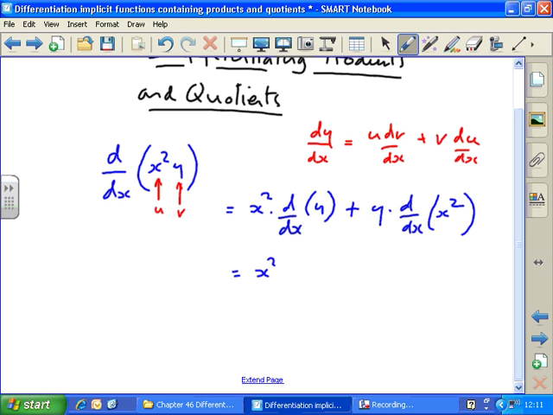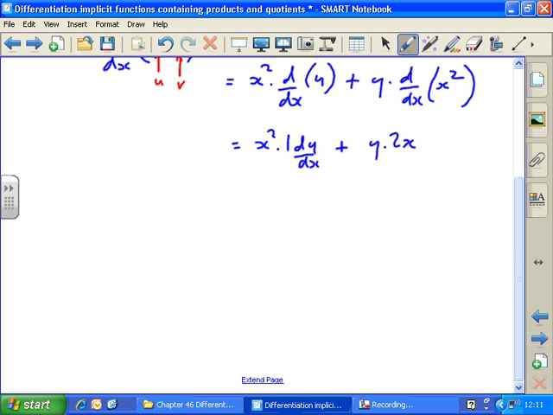We need to differentiate with respect to x, y, so differentiate in terms of y, which is just 1, and then multiply that by the differential of y with respect to x. So that's times 1 times dy by dx plus y, and what's the differential of x squared with respect to x? 2x. So finally we can write this equals x squared times dy by dx plus 2xy.